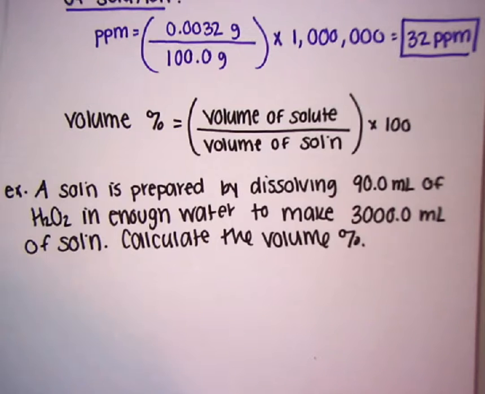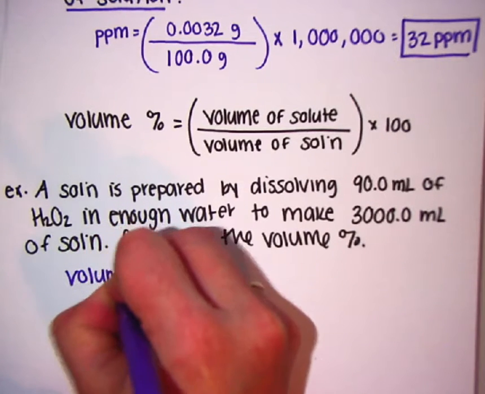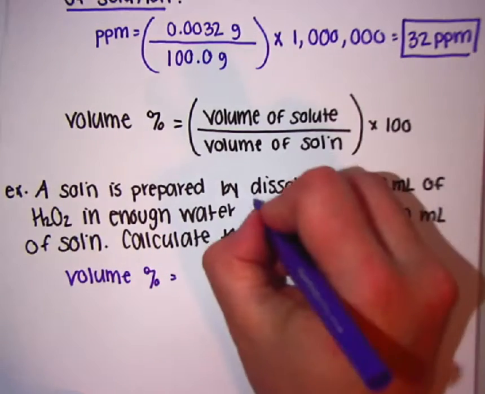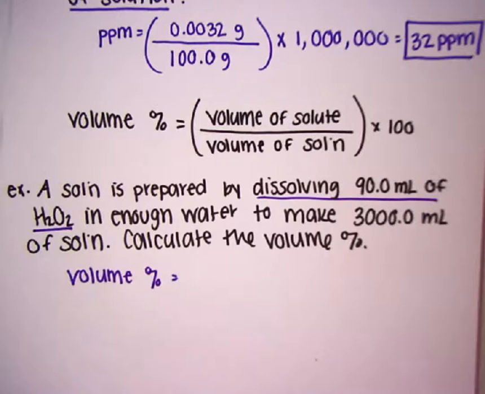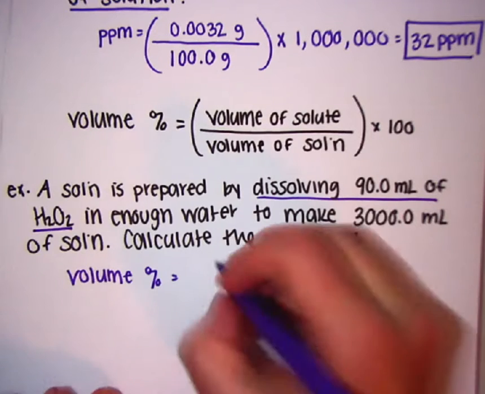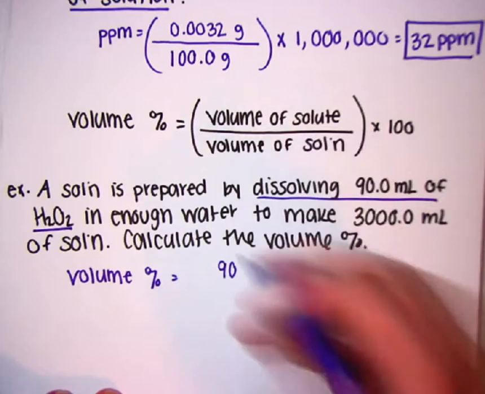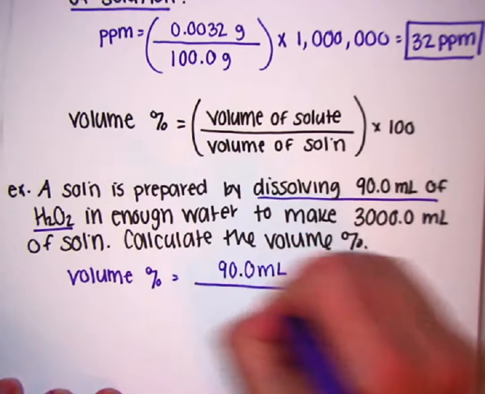So again, this is just plug and chug. These should be pretty easy calculations. We are dissolving 90 milliliters of hydrogen peroxide. Whatever is being dissolved is the solute. So my volume of solute is 90.0 milliliters.